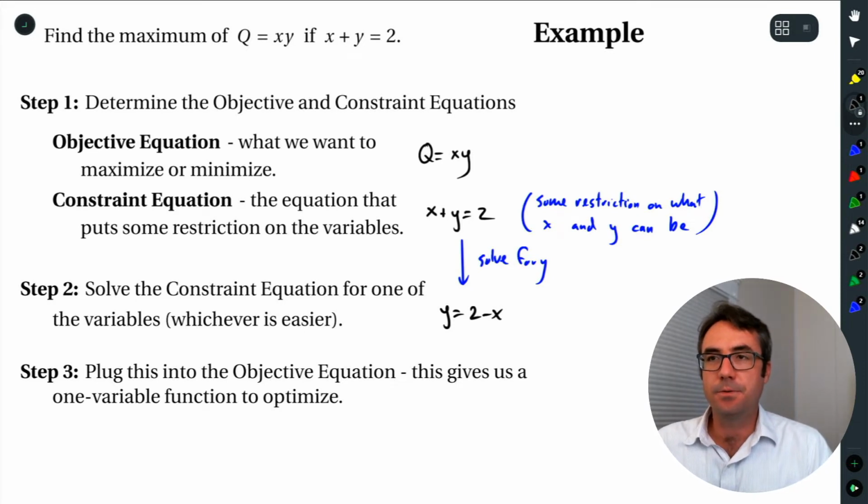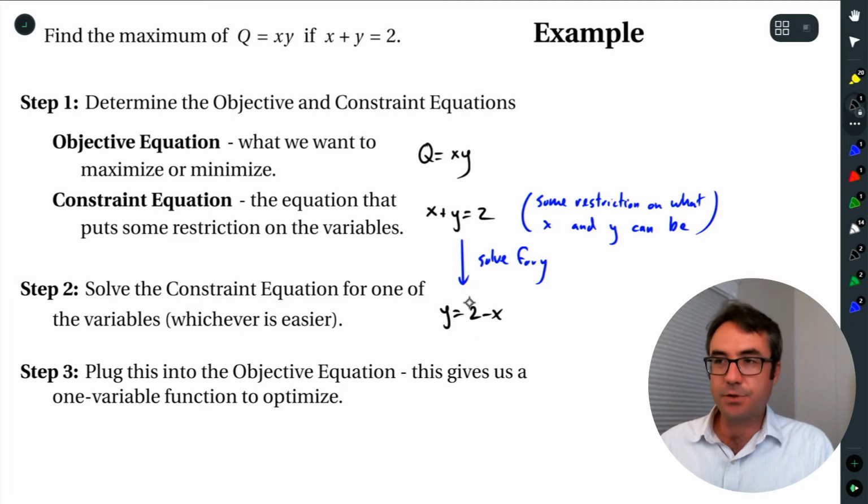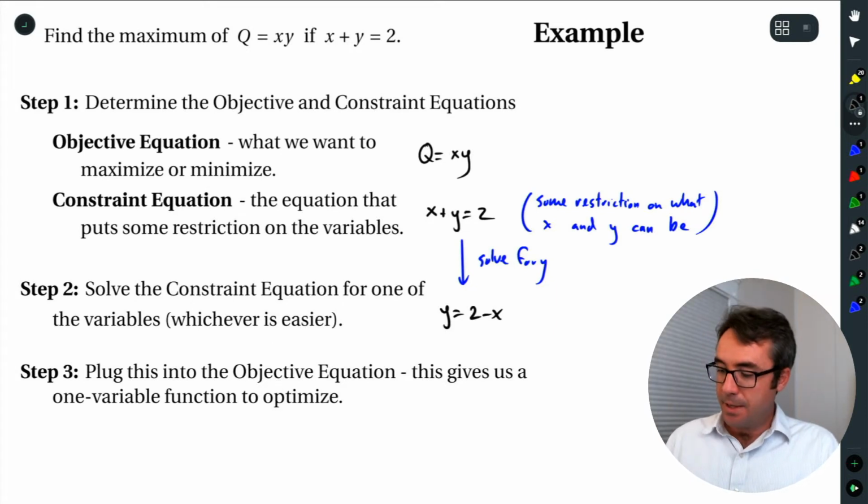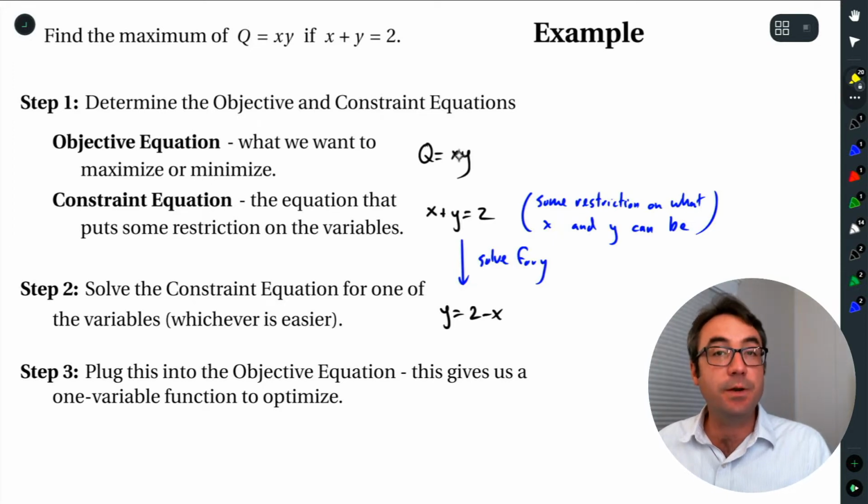All right, so we have our objective, we have our constraint, and we've solved our constraint equation for one of the variables. Now we're going to take this result and plug it into our objective function. That's step 3. Why this is helpful is because originally our objective function has two variables, x and y, and we don't know how to maximize a two-variable function.